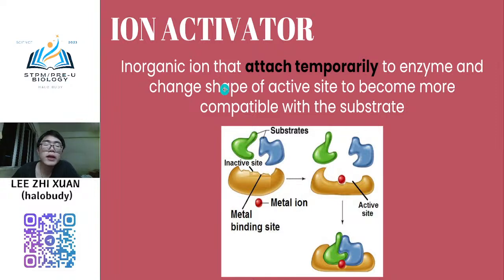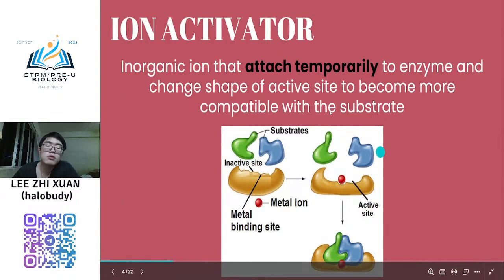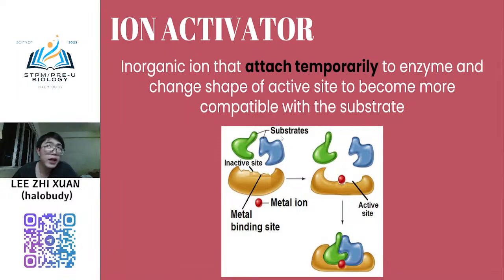So the function is to change the active site of the enzyme to become more compatible with the substrate. The metal ion ensures that the enzyme active site fits the substrate. This is one example of the induced fit model. If you know the induced fit model, the active site of the enzyme is not fixed to the substrate.